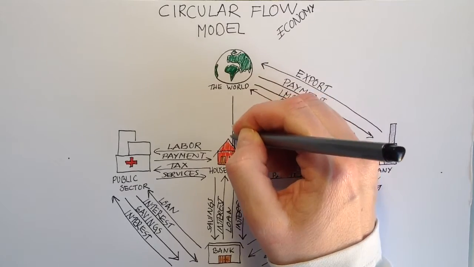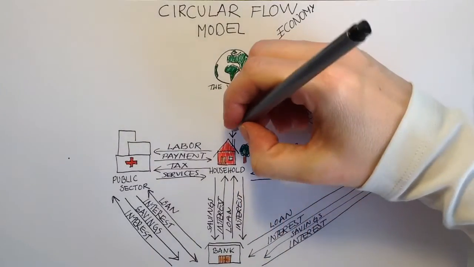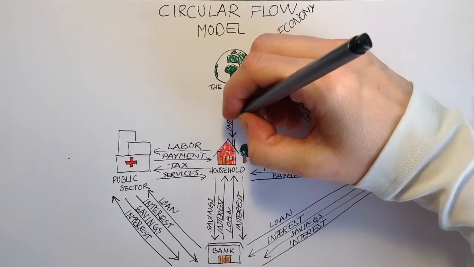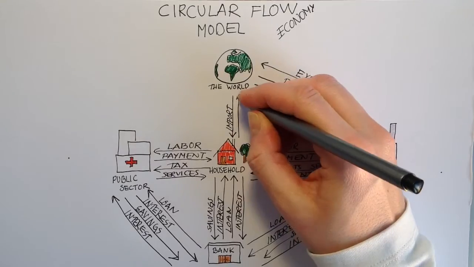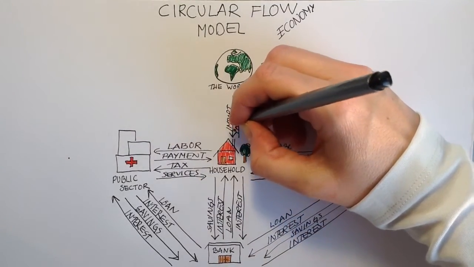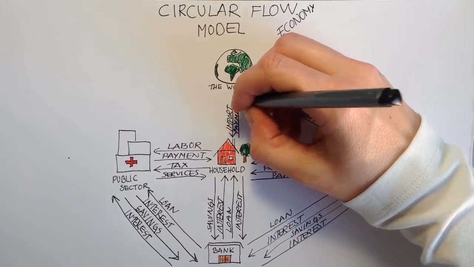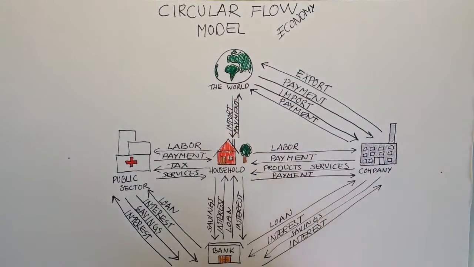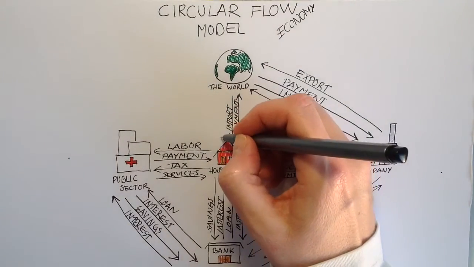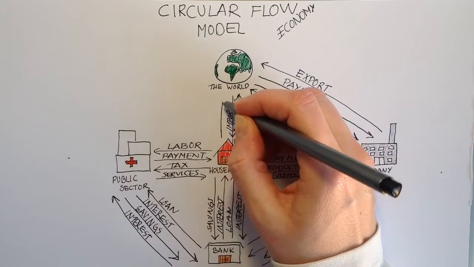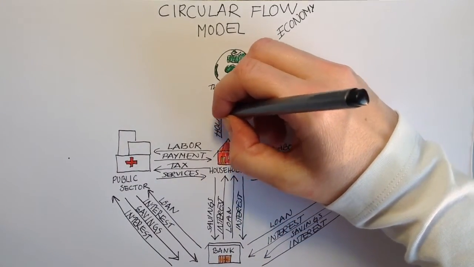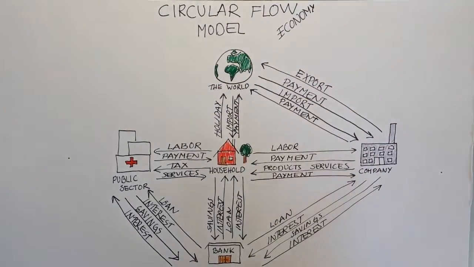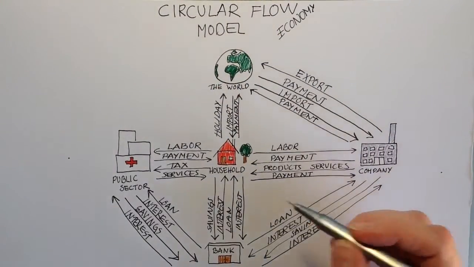The households, we import as well. We order things directly from abroad and then we send money back. Payment. But we also go for a holiday. We leave. And people also come to our country, but they rarely go to the households.